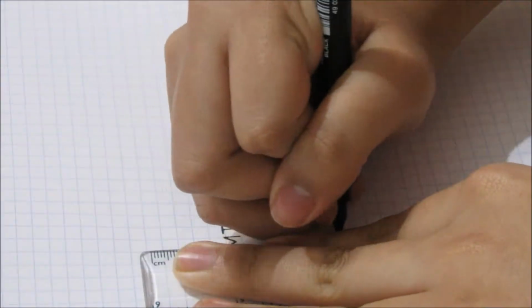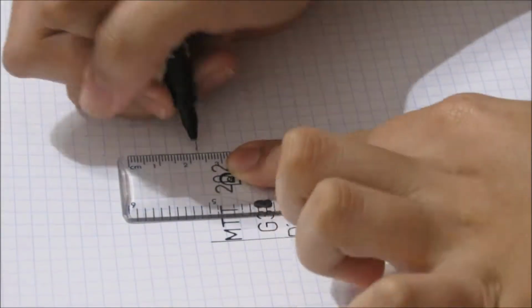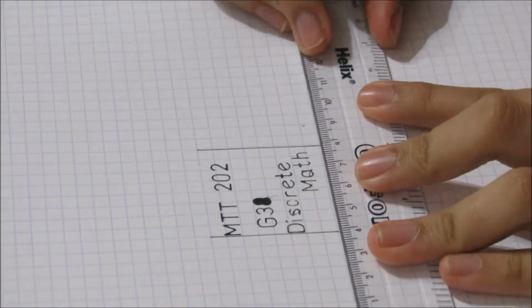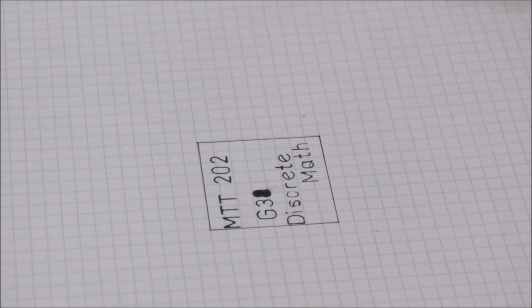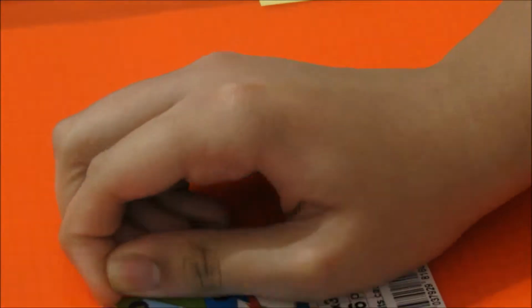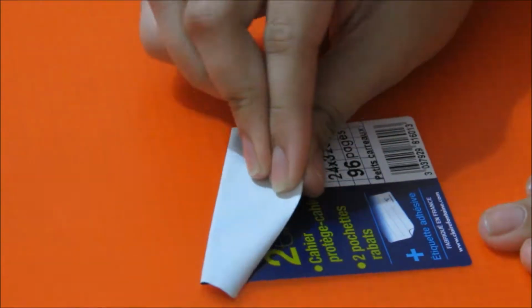And now I'm just gonna make a border around it using the same pen, and that's the label for one class. Now I'm going to move on to the second notebook, which is the same brand, but this is going to be for my other maths class.